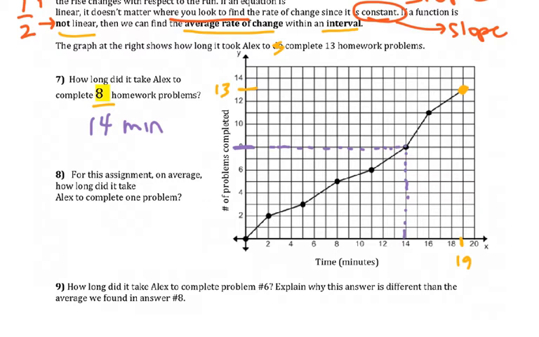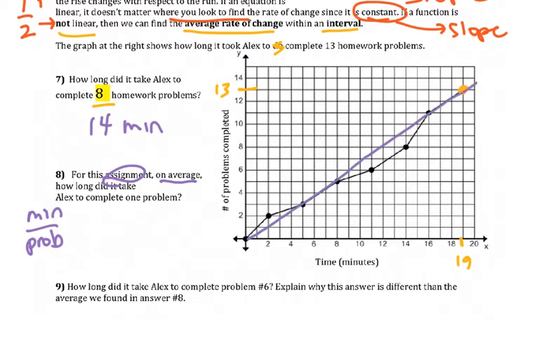Now it says on number 8, for this assignment, on average. That means an average. It doesn't mean just from here to here, because that's going to be different from here to here, here to here. Those are all going to be different rates of change, but it says on average, how long did it take Alex to complete a problem? So minutes per problem is what we're looking at. Since I'm talking about the entire assignment, I'm talking about the slope of that line.